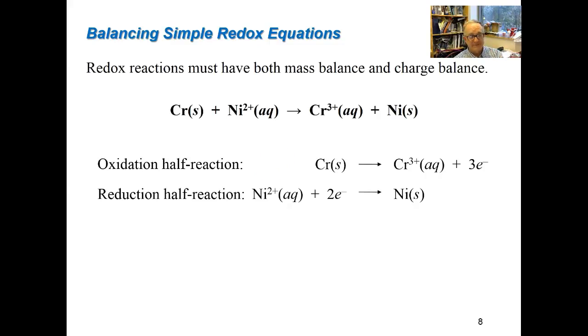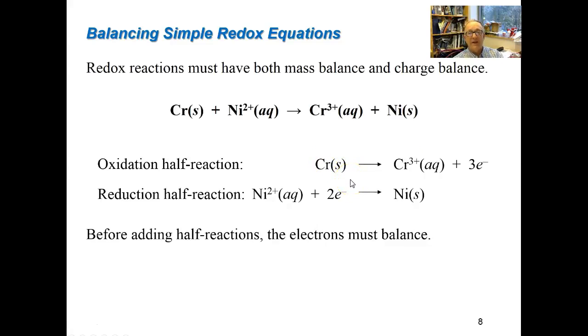So far, so good. The atoms are going to balance, but our charges still aren't going to balance. Before adding the half reactions, remember we're going to add them up algebraically, so the electrons have to balance. We've got 3 electrons in the oxidation half reaction on the product side, 2 electrons in the reduction half reaction on the reactant side.